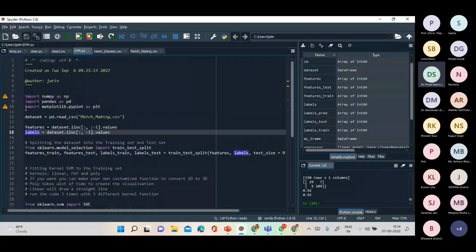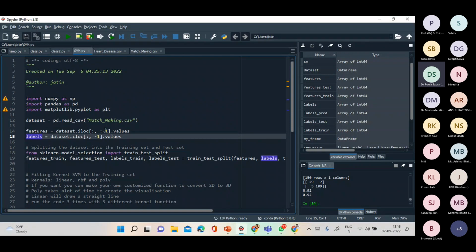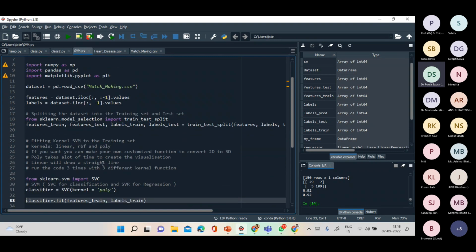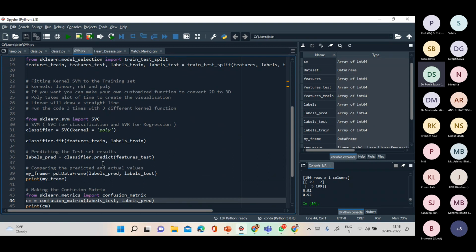Now see here, the features and labels are both there. After that, we would be splitting the data set. Then we would import from sklearn what we are going to import, that is SVC, support vector classification.